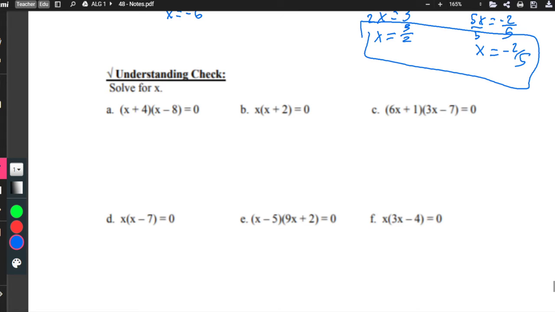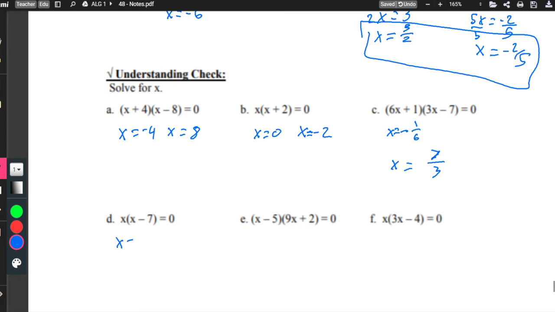Alrighty, so let's go over them. For this first one, you should have gotten x equals -4 and x equals 8. Then we'll have x equals 0, x equals -2, x equals -1/6, and x equals 7/3.